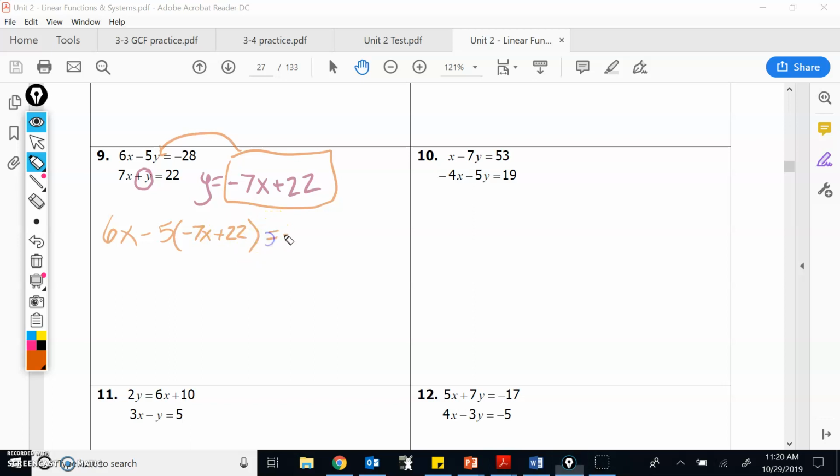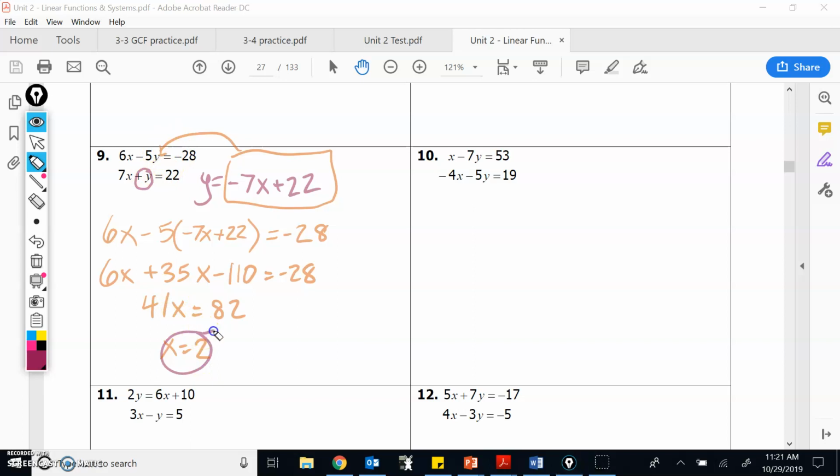So basically for substitution, we're just taking an equation that has two different variables and making it have one. Now to solve, combining like terms, 41x equals 82. Dividing by 41 gives us x to be 2. And then we substitute this in for any of the equations.